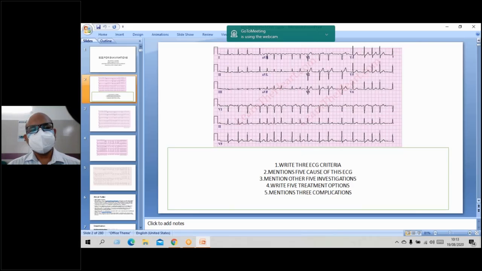Number 1. Number 2, there is irregular RR interval. Number 3, heart rate is approximately more than 100. You will get heart rate from the rhythm strip. In this ECG, there are 3 rhythm strips, V1, V2, as well as V5.